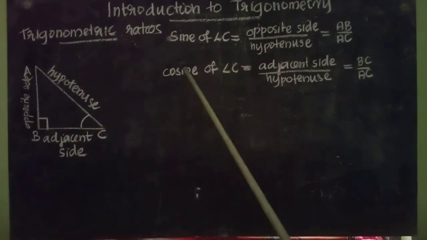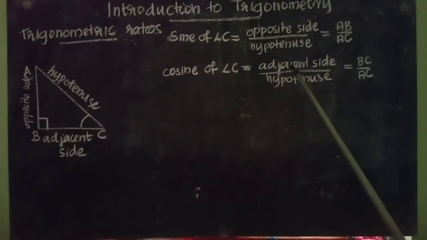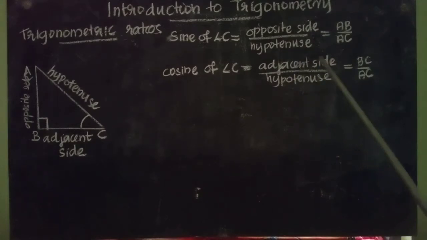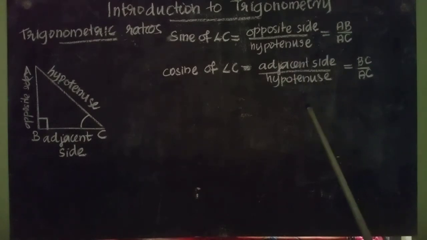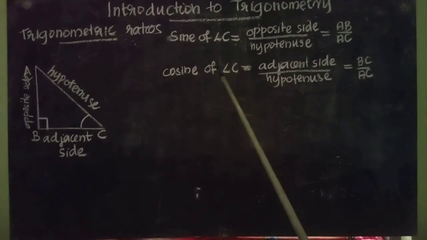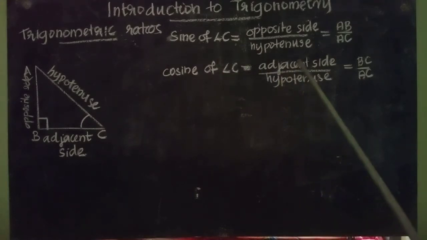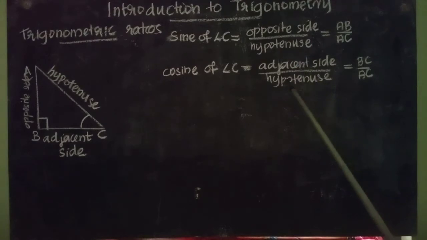Second one is cosine of angle C. That is equal to adjacent side by hypotenuse. What is the adjacent side here? It is BC. So that is equal to BC by AC. That is, cosine of angle C is the ratio between adjacent side and hypotenuse.